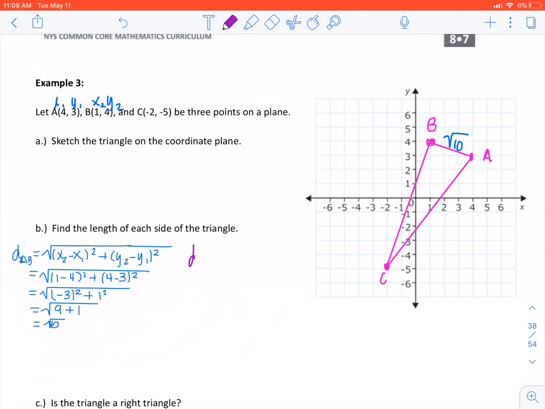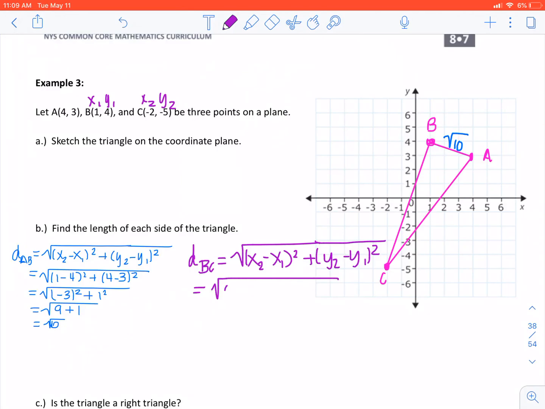Okay, so now let's go and do BC. We're going to find the distance, again, of BC using the distance formula, which is the square root of x2 minus x1 squared plus y2 minus y1 squared. Okay, so I'm going to erase this up here, and I'm going to relabel this. I'm using points B and C, so let's call this x1, y1, and this one x2, y2. All right, so I have the square root of x2, which is -2, minus x1, which is 1, and y2, which is -5 minus 4.